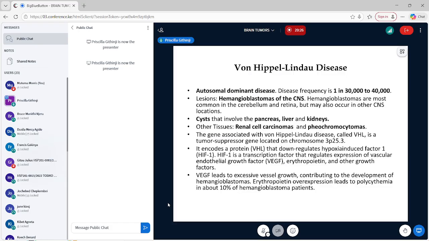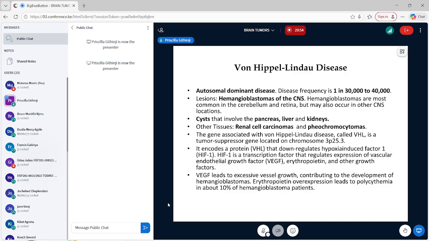Then we have the von Hippel-Lindau disease, also an autosomal dominant disease. Patients with this usually will have mutations in the von Hippel-Lindau protein. They're predisposed to having hemangioblastomas in the CNS, but they also do have other lesions, like renal cell carcinomas.